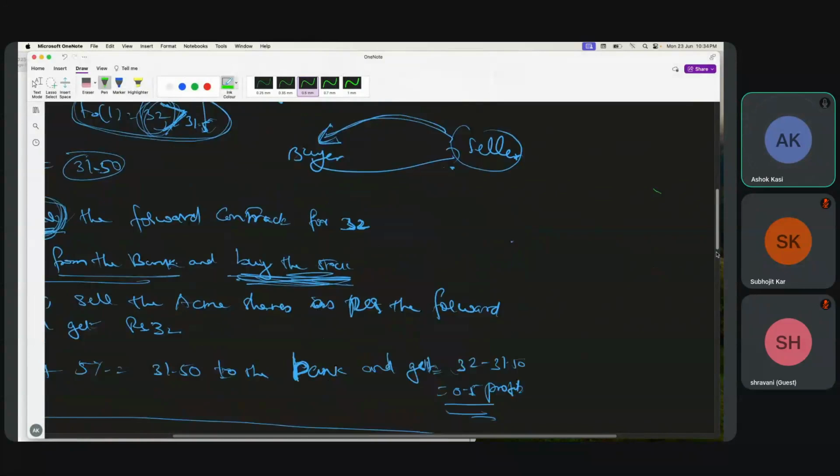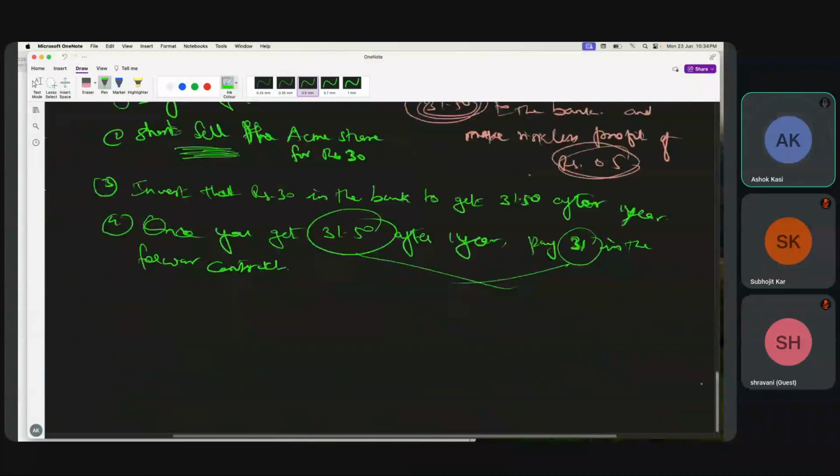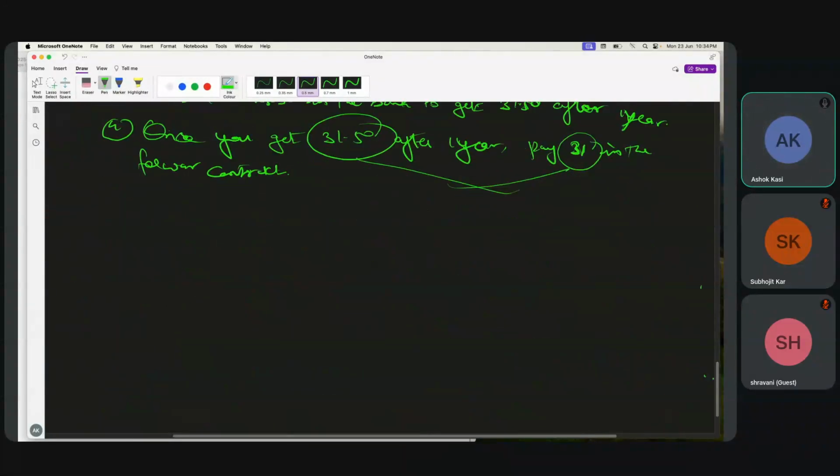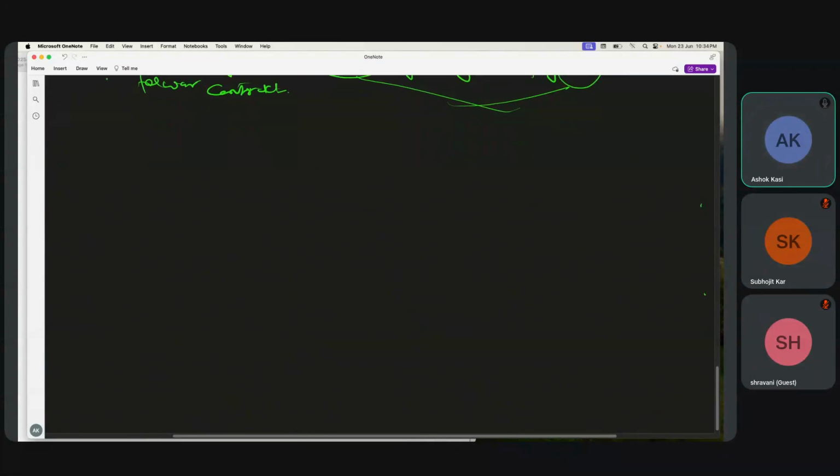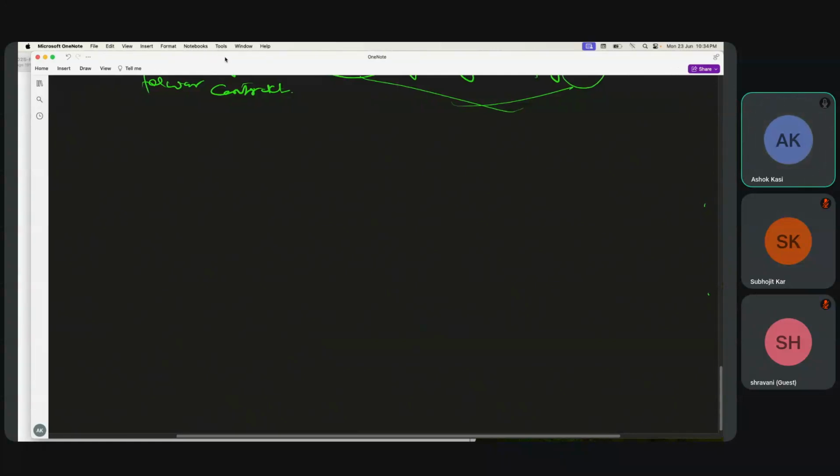Yield refers to gain, some sort of gain. Convenience yield refers to the joy or the happiness or the returns that you get by using the asset. Say for example, gold. When you are wearing gold, you are being happy. So you are getting some yield out of it, some returns out of it.